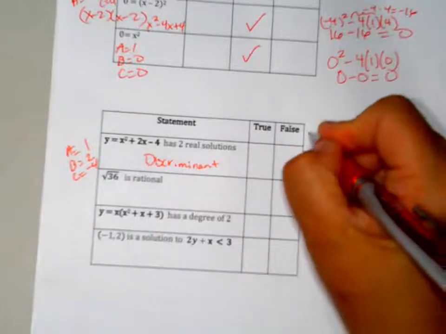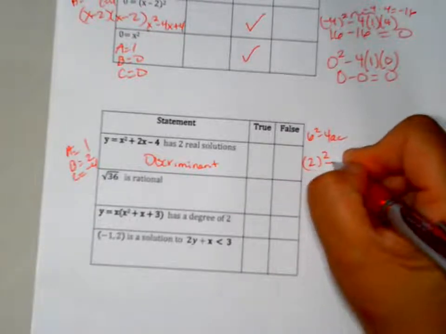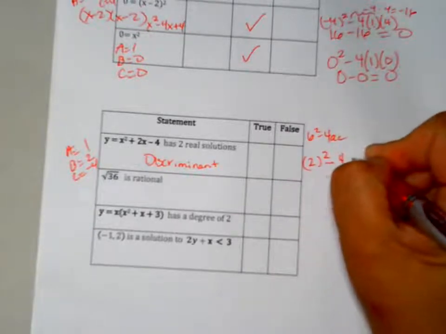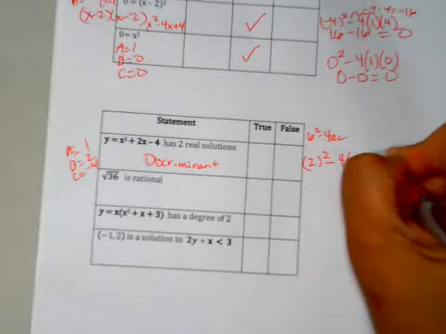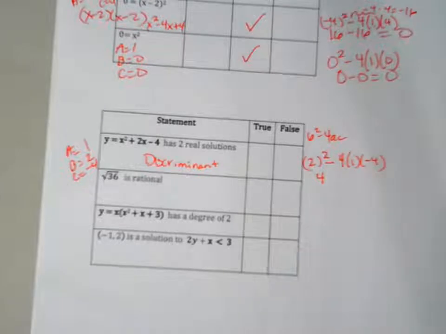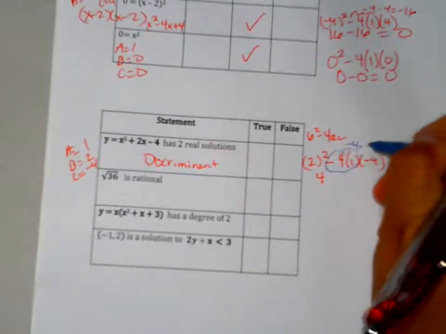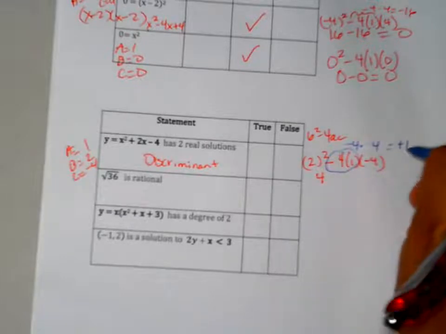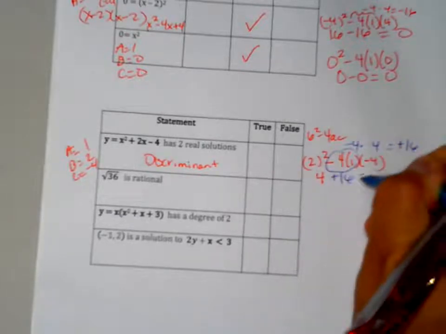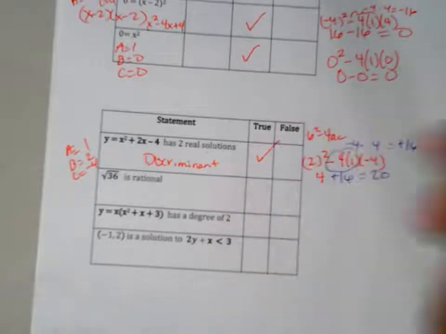B squared minus 4AC for this one: 2 squared minus 4 times 1 times negative 4. I've got 4, and then this is negative 4 times negative 4, which is positive 16. So 4 plus 16 equals 20. It's positive. It has two real solutions. That is true.